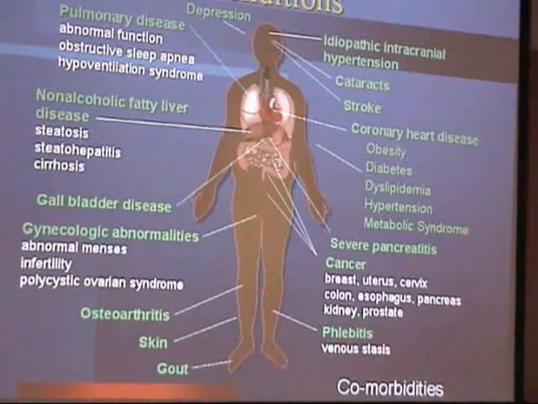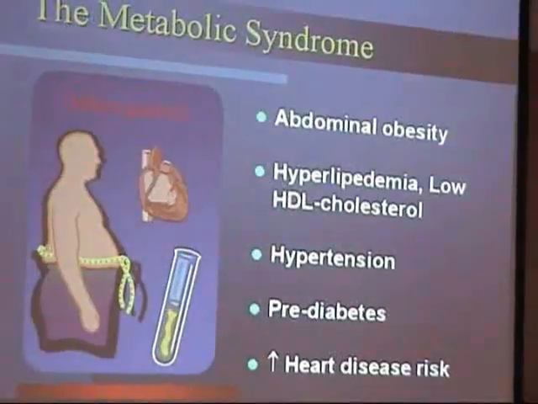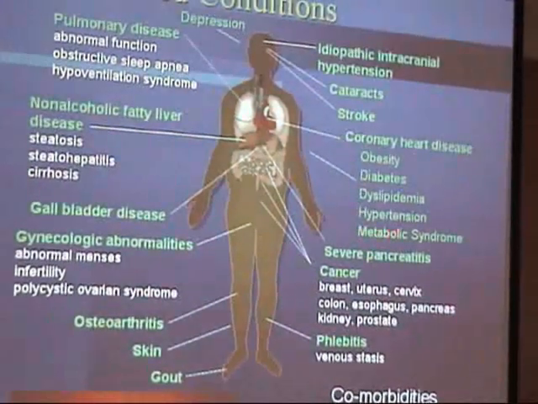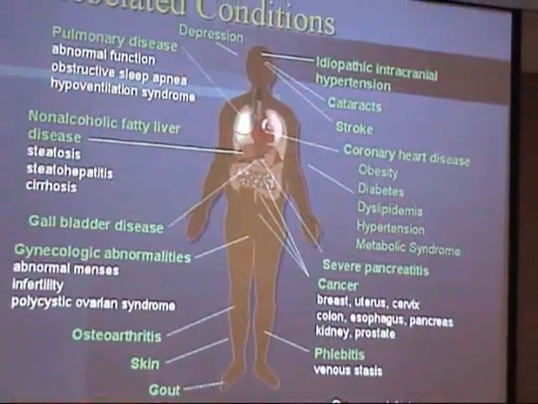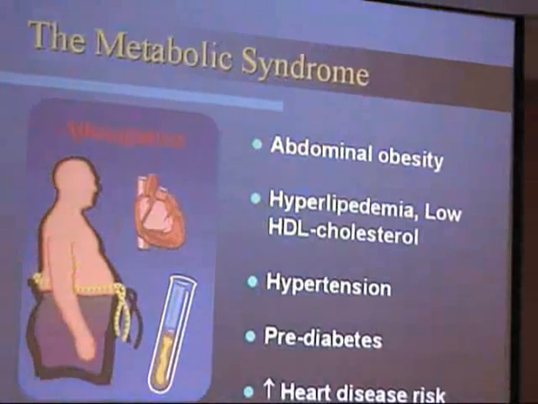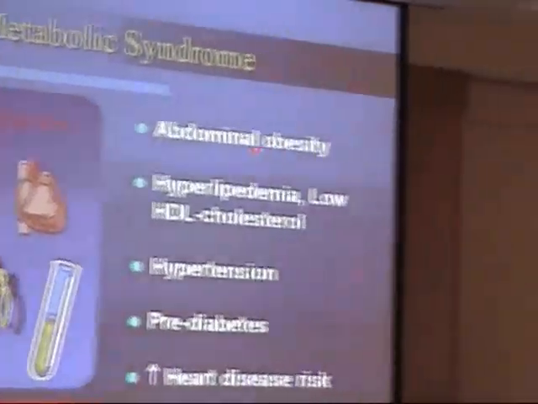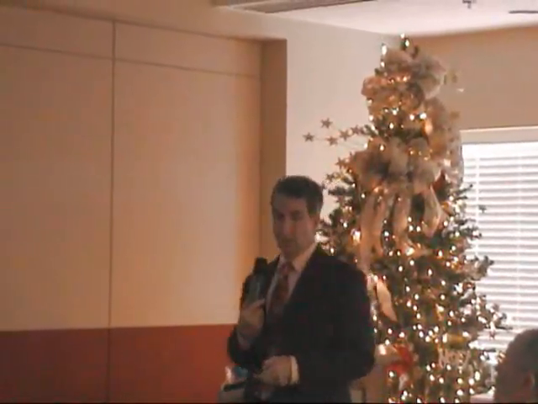So one of the conditions, just to point out, is the metabolic syndrome here under the cardiac diseases. And this is a particular concern. If you have a particular level of obesity, high cholesterol, high blood pressure, prediabetes, it significantly increases your risk for heart attack and stroke.